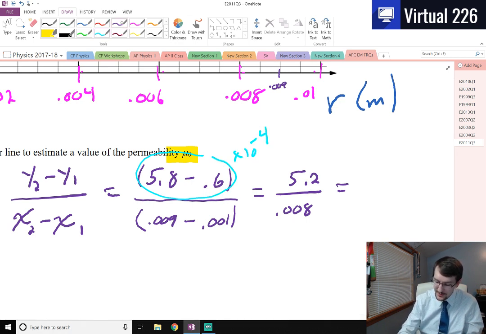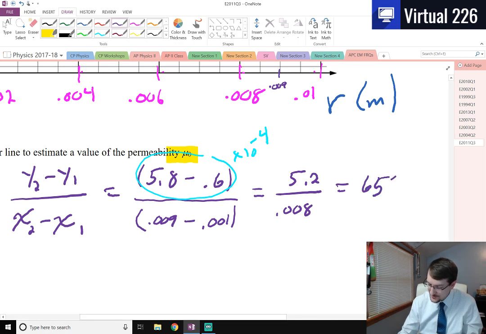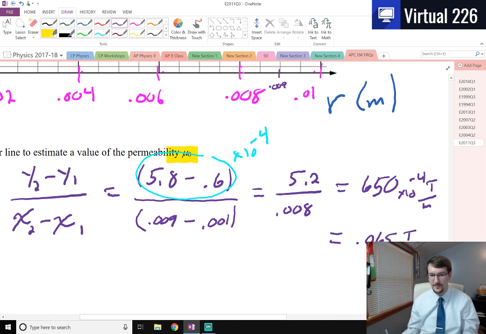So even though this gives me 650, this is actually 650 times 10 to the minus 4 Tesla per meter, which I'm just going to write as 0.065 Tesla per meter. So that's what my slope is. Your slope might be a little bit different, but that should be pretty close.